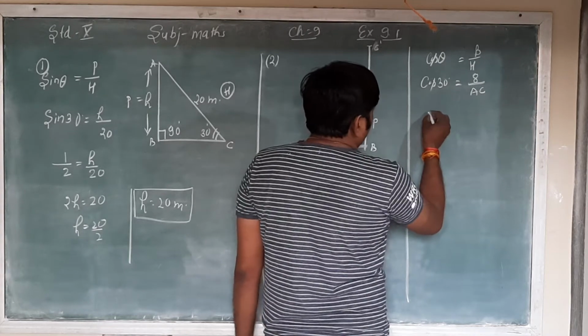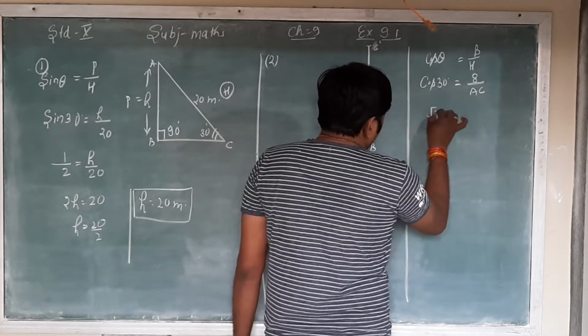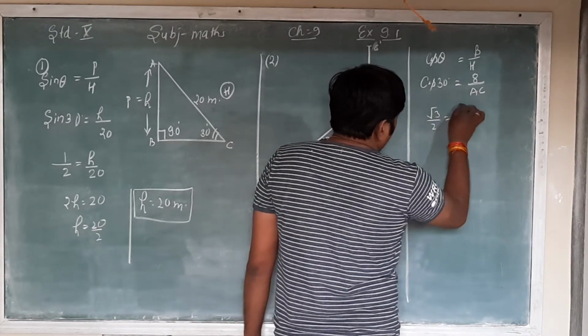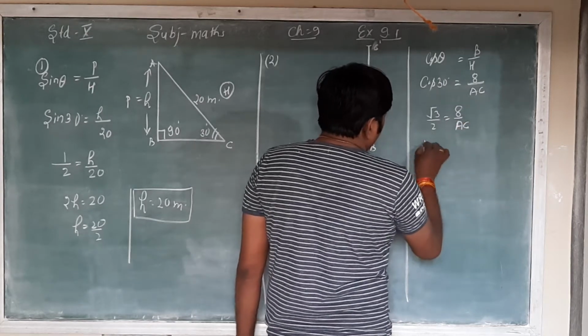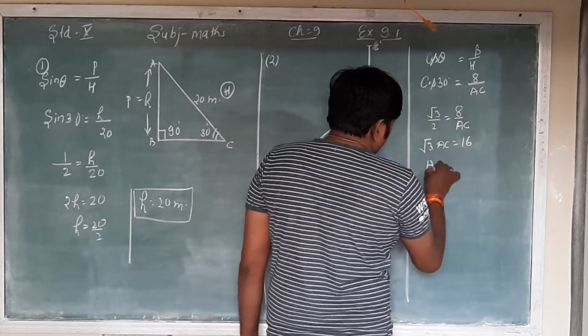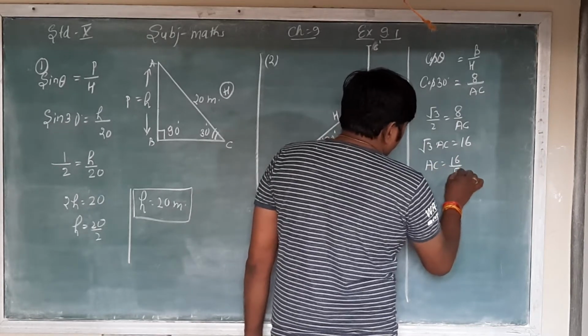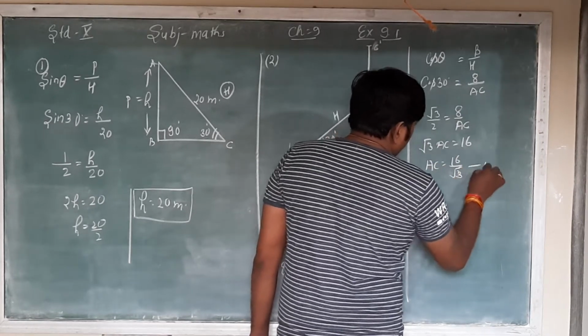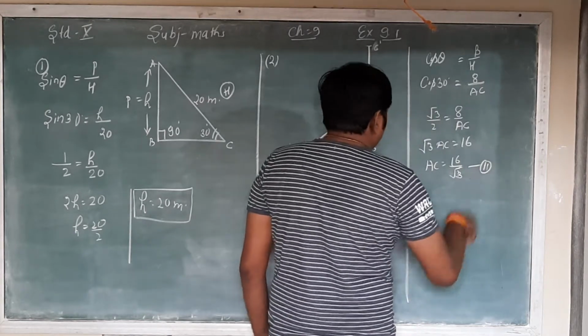The value of cos 30 is root 3 upon 2, so root 3 upon 2 equals 8 upon AC. Cross multiplying, root 3 AC equals 16, so AC equals 16 upon root 3. This is the second equation.